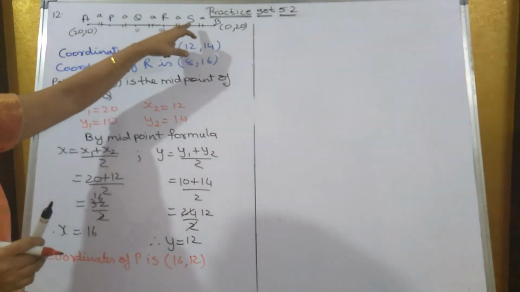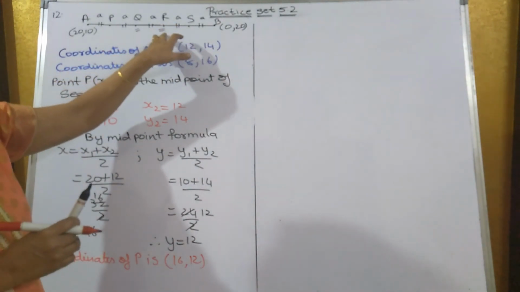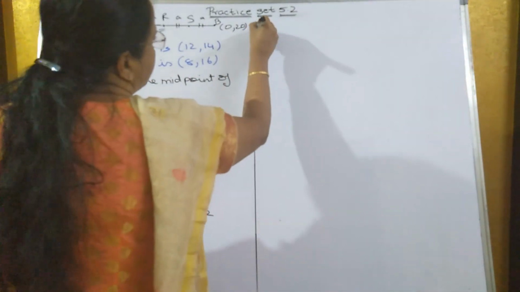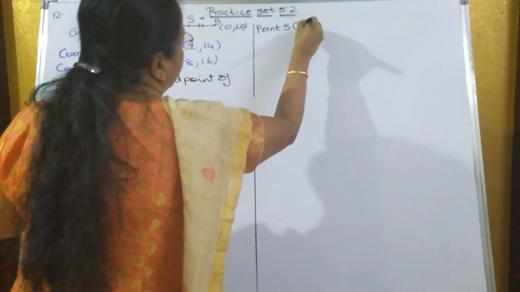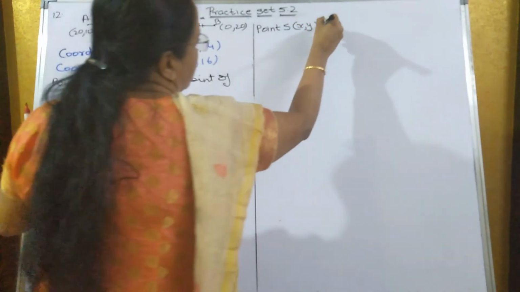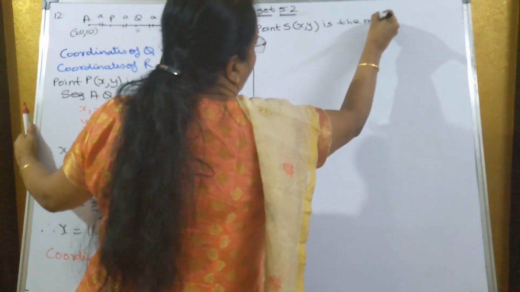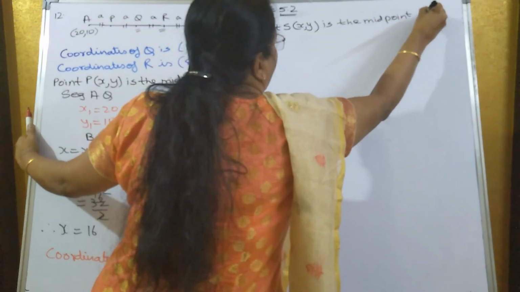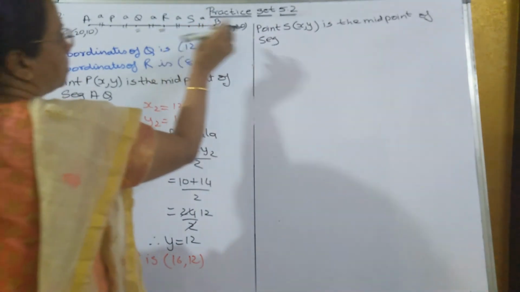So we have got coordinates P, coordinates Q, and R. Now we will find out S. Now S is the midpoint of segment RB. So point S, let us take that as xy, is the midpoint of segment RB.